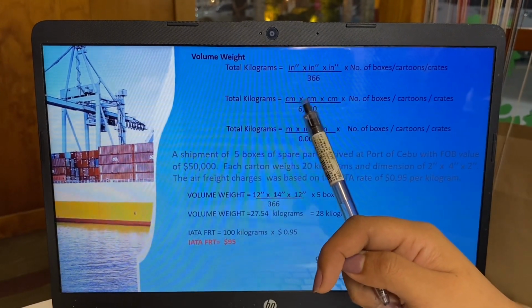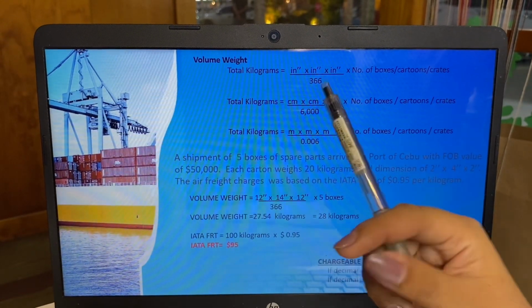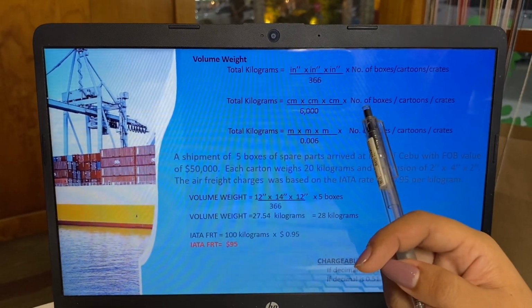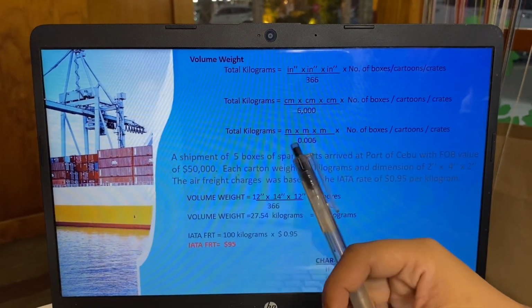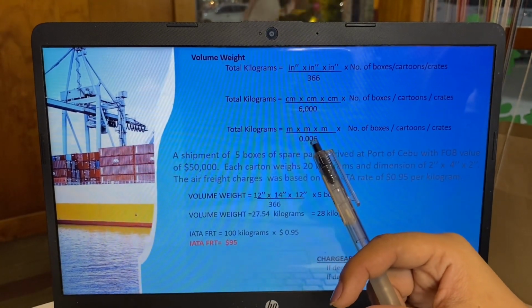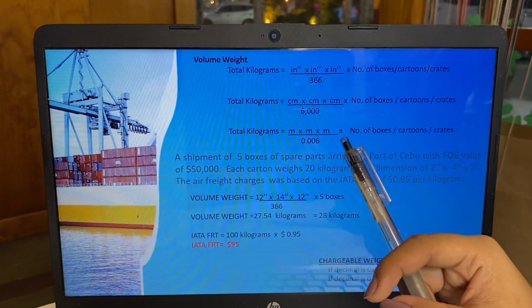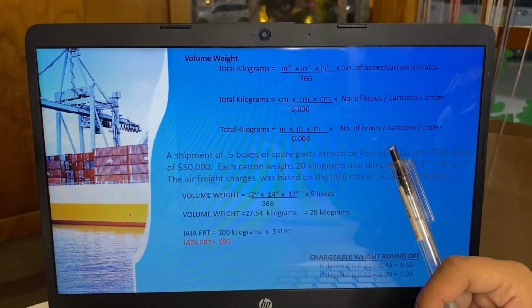In centimeter, we're going to divide it by 6,000, same as in inches, and multiply it by the number of boxes, cartons, or crates. And on the meters, we're going to divide it by 0.006. And same with the last two, we're going to multiply it by the number of boxes, cartons, and crates.